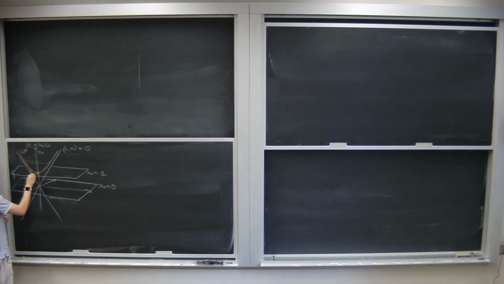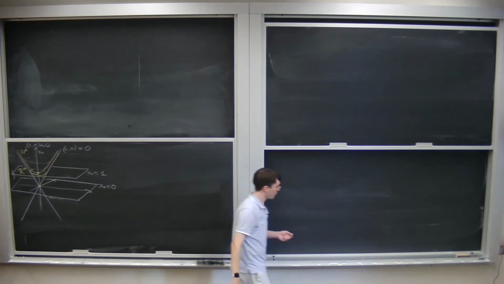The first one is the ball model in this hyperplane. This is K^d. This model is obtained by using the central projection.